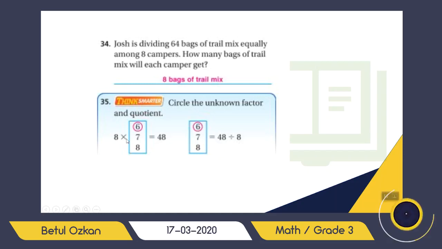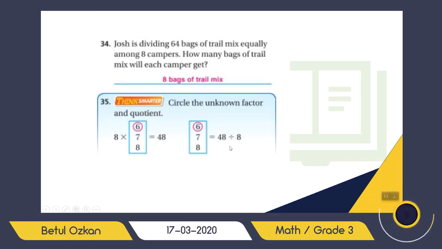8 times what equals 48? Perfect. 8 times 6 equals 48. What about 8 times 7? 8 times 7 equals what, guys? Perfect. 56. What about 8 times 8? Perfect. 64.